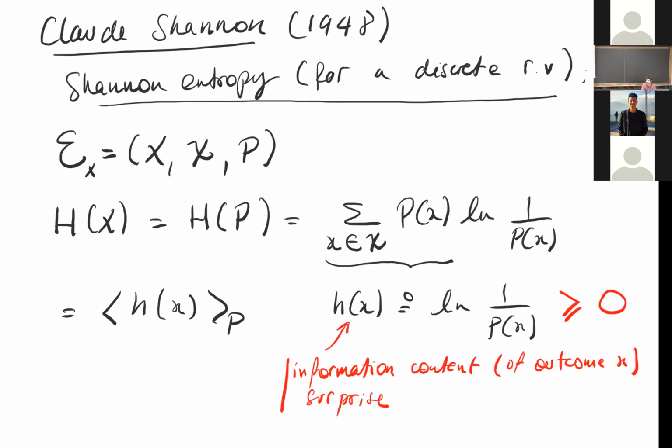The log is increasing, so the associated information content or surprise is very high. If you observe an extremely improbable outcome of some random variable, it leads to a very high surprise. It was not expected at all. It had very low probability to happen. And also the associated information content is very high.